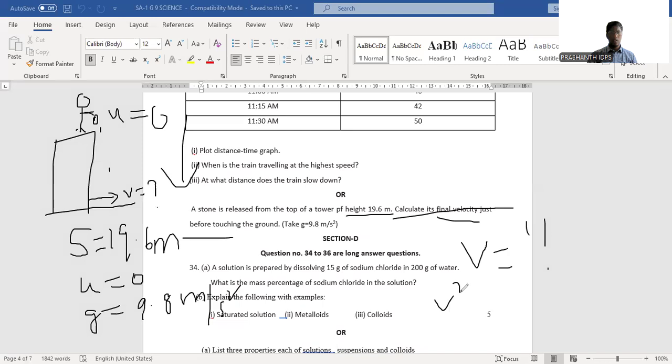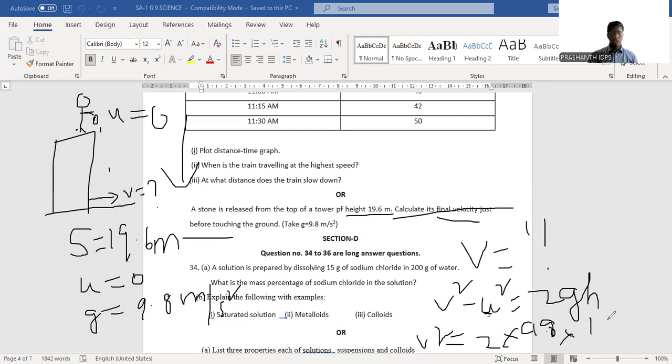Very simple, very easy formula: V square minus U square is equal to 2gh. So use this formula. V we do not know, so V square, and U will become 0. So V square is equal to 2 into 9.8 into 19.6. Here 2 into 9.8 is 19.6, so you'll get 19.6 whole square.